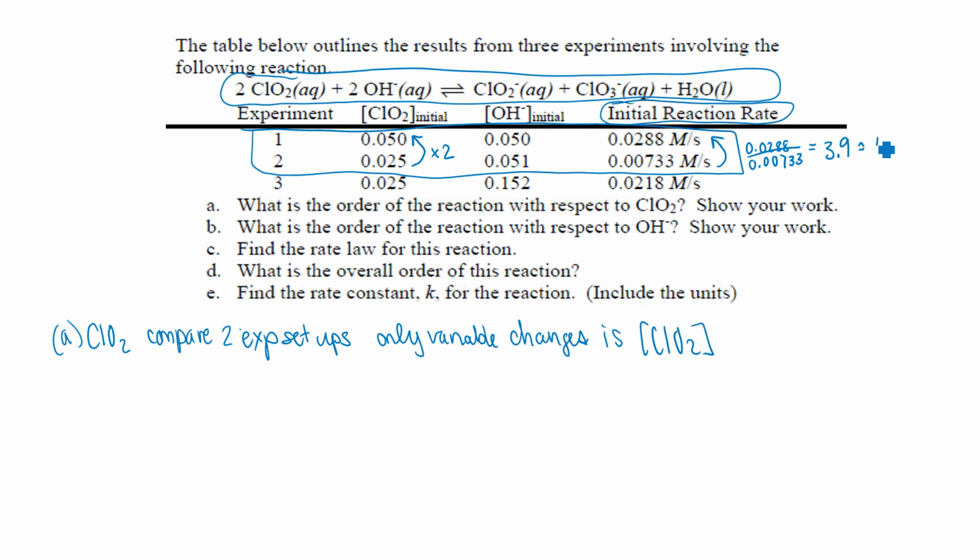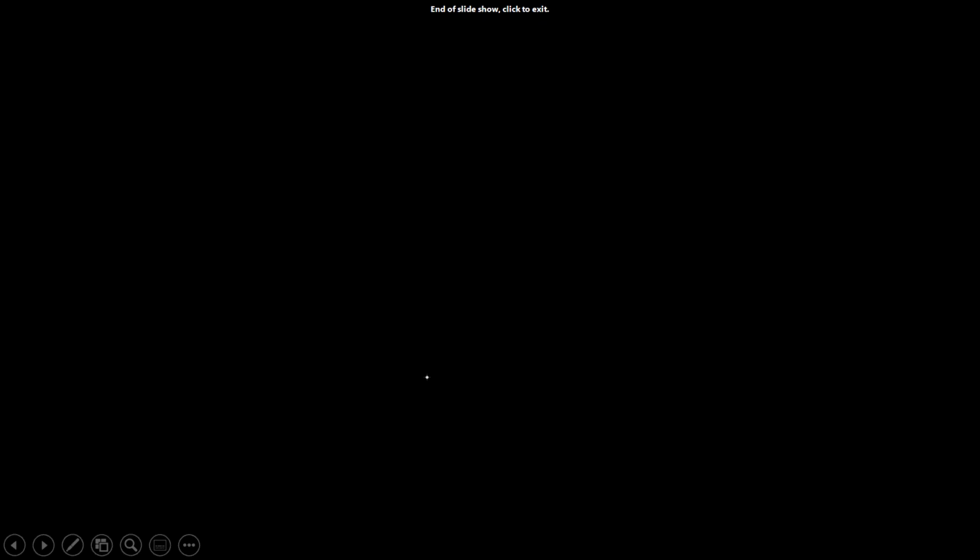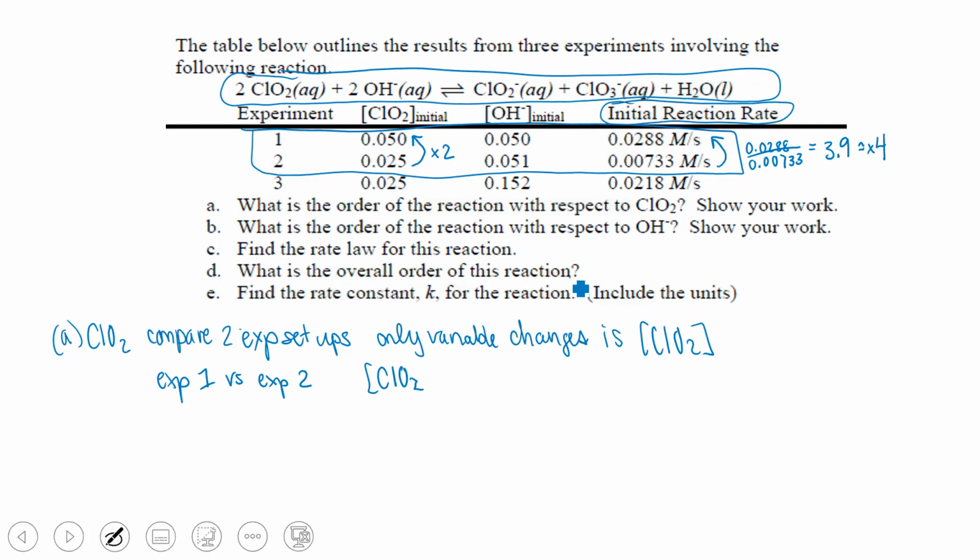So it's about 4 times faster. If I look at experiment 1 versus experiment 2, what I see is that when the ClO2 concentration doubles, the rate quadruples.